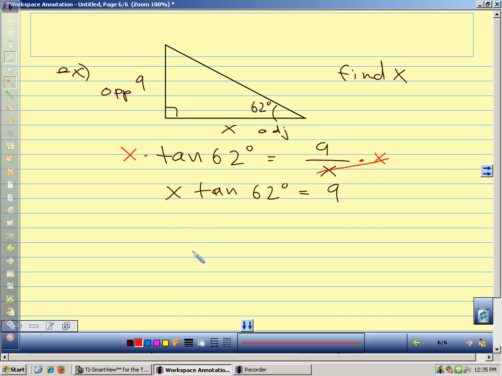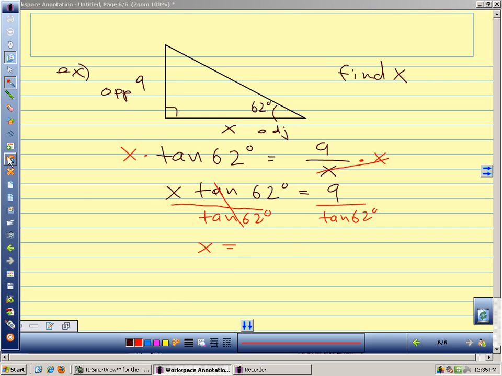So I'm going to divide both sides by tangent 62. And on this side, the tangent of 62's cancel. So I get x equals 9 divided by the tangent of 62 degrees.